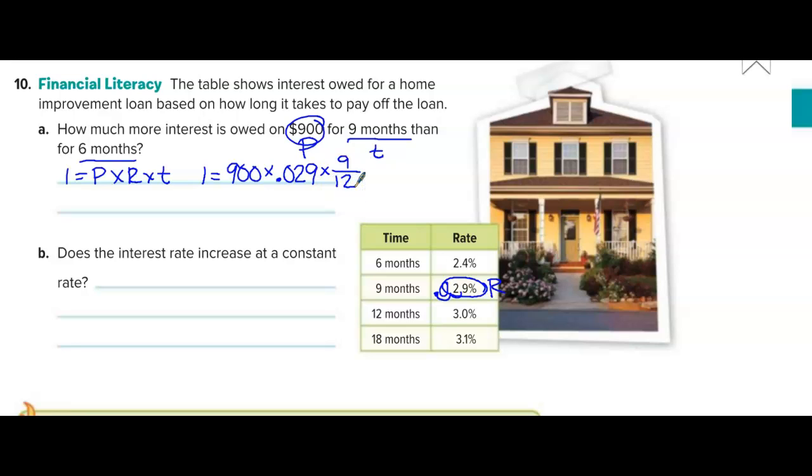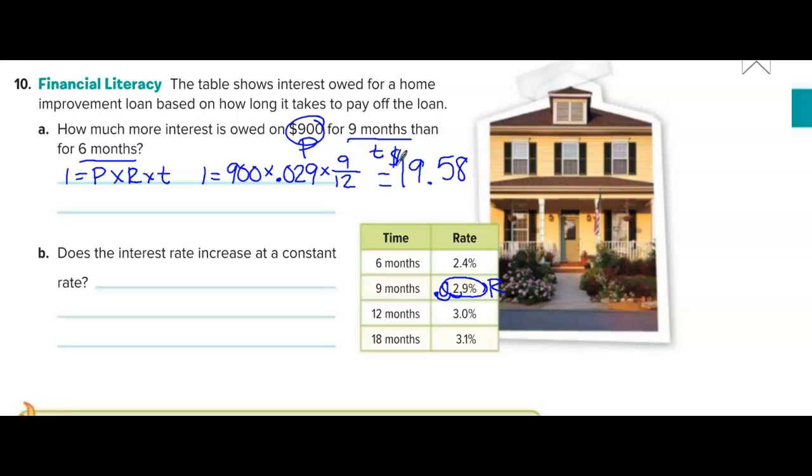When we type this in our calculator, we get $19.58 because we had to round up.